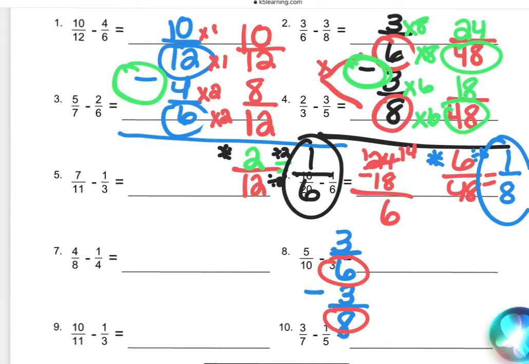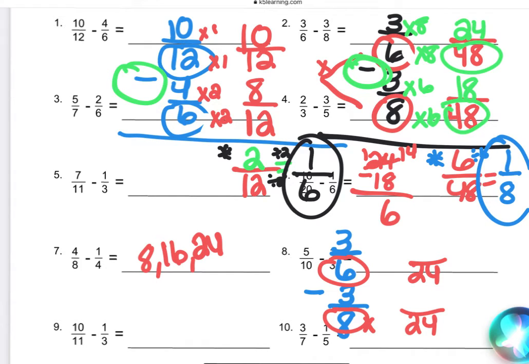Because 48 is kind of large. So I come over to the side and I think 8, or you may even think it in your head. 16, 6 won't go into 16, 24. 6 will go into 24, and 8 will go into 24. So I'm actually going to use a common denominator of 24 because it's a lot smaller, and if I have to simplify, it probably won't deal with such large numbers.